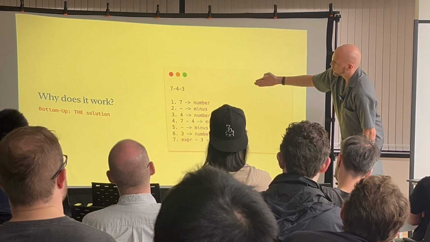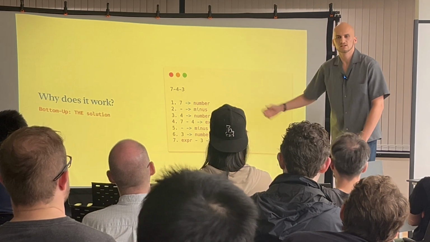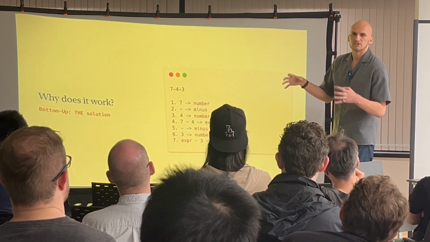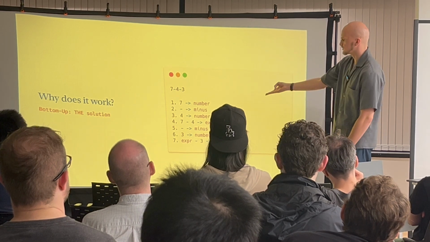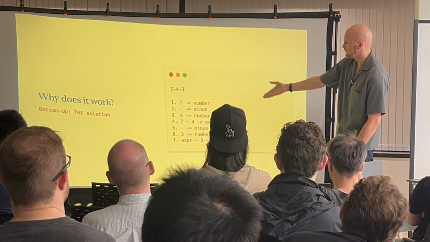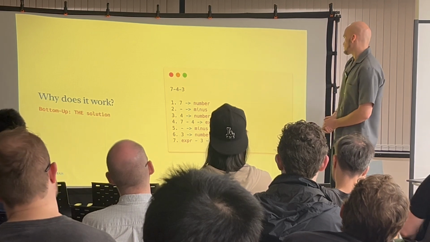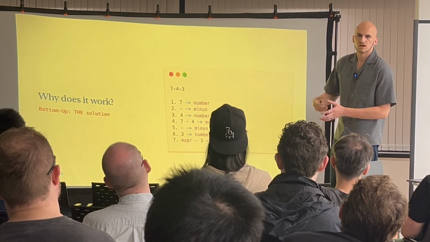Then the parser is going to look up and say, oh, actually, I have number minus number. That's an expression. And so it's going to do what we call a reduce and say, that's actually an expression. Then it just keeps going on. So expression minus number, and then expression minus a number is also an expression, which basically allows us to have some valid mathematics.